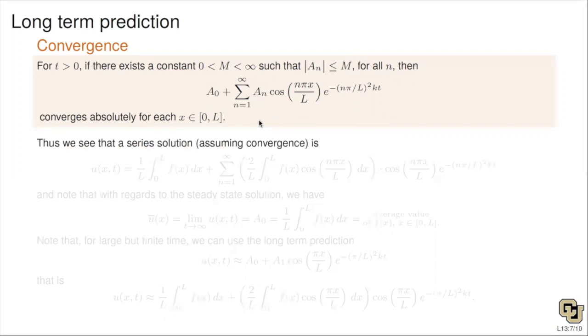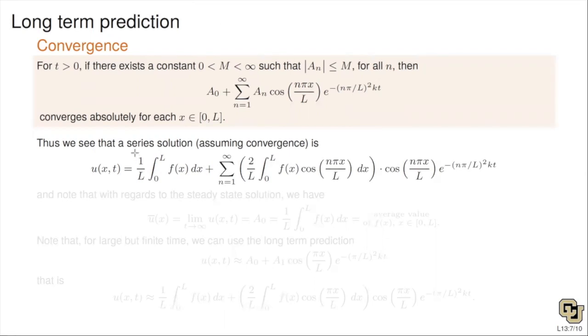And I won't do the verification, but you can also verify that this does satisfy the PDE. It basically does a flip-flop with its derivative, so everything works out. So here's the full solution with everything plugged in. So this is a sub 0, and this is a sub n.